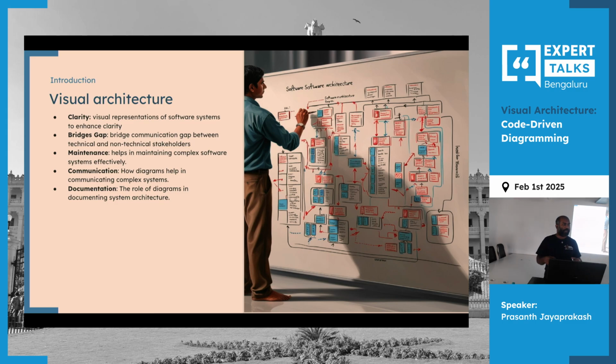At any point in time if some issue happens, where it is happening and which systems are affected, you will get that information more easily by just looking at a picture. That is the reason why visual architecture diagrams are really important. I would say it's one of the best things out there, having diagrams which explain your systems, not just a few lines of text or code. It is much easier to look at the diagram and understand the systems.